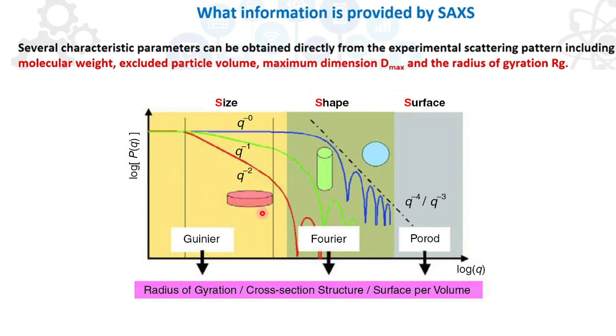We can also check the shape, whether it is cylindrical or spherical or platelet, and also the surface through the Porod position, where this cube is actually the radius of gyration, this cube. So in case of surface, it is on the order of -4 or -3, but in case of size, it is -1 or -2.